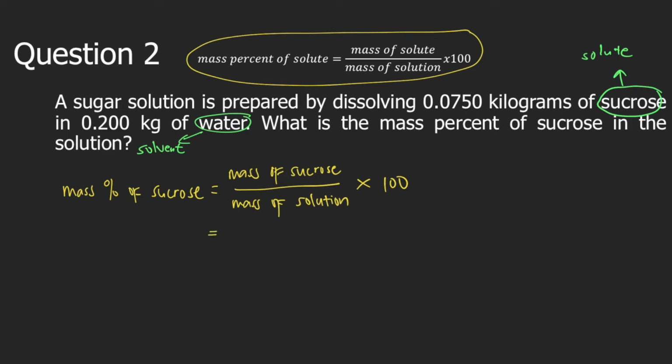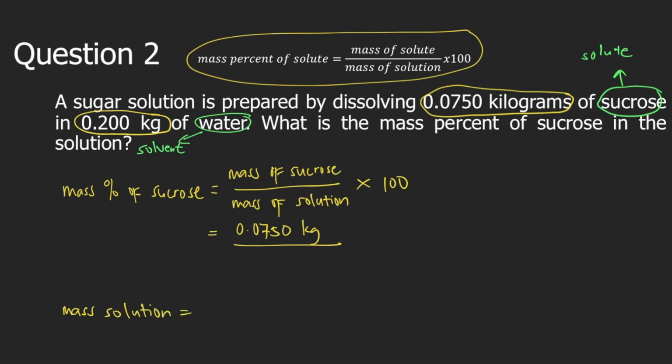In our problem, we are given the mass of sucrose, which is 0.0750 kilograms. However, we are not given the mass of solution. Instead, we are given the mass of solvent, 0.200 kilograms of water. But remember what I told you a while ago, that the mass of solution is equal to the mass of solute plus the mass of solvent.